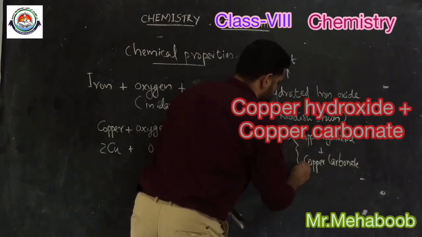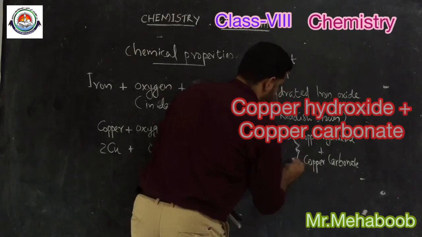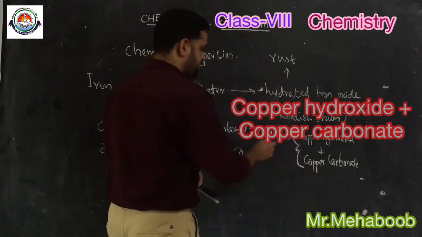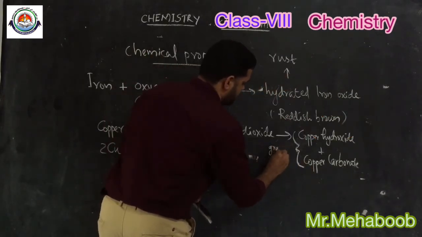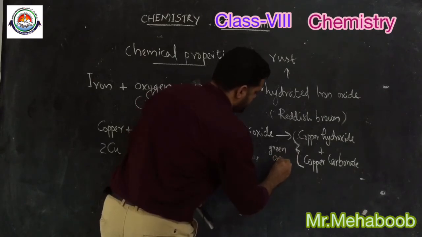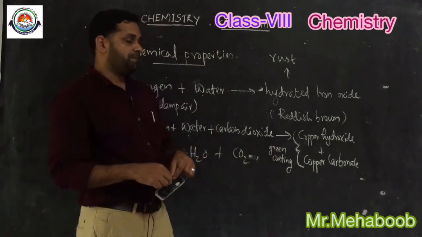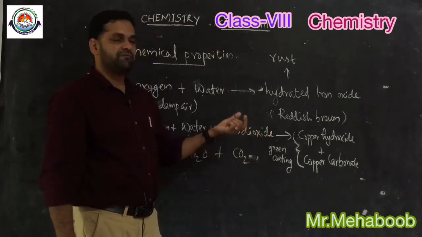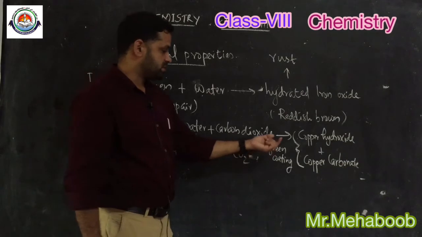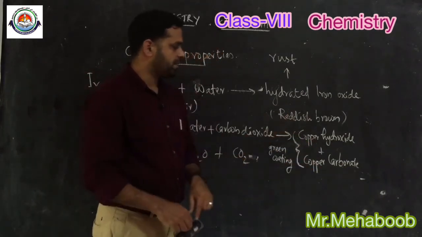These two are the cause of the green coating. The green coating on the surface of copper utensils or copper vessels is due to the presence of copper hydroxide and copper carbonate.